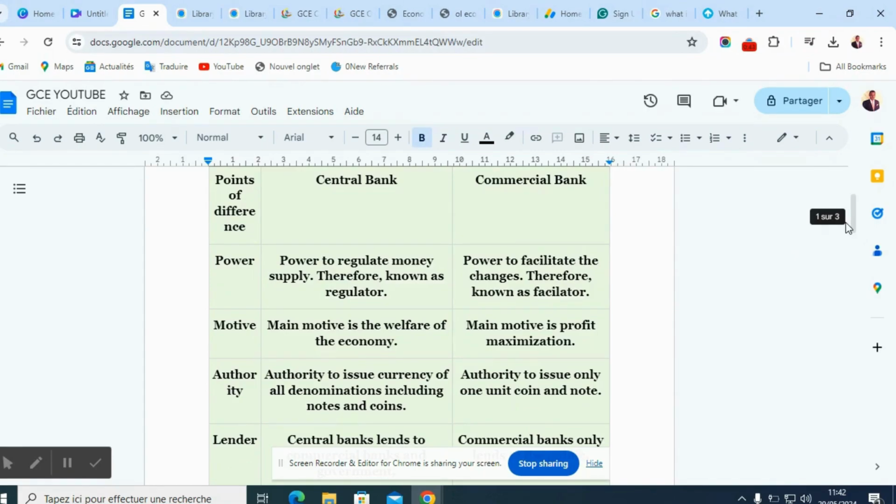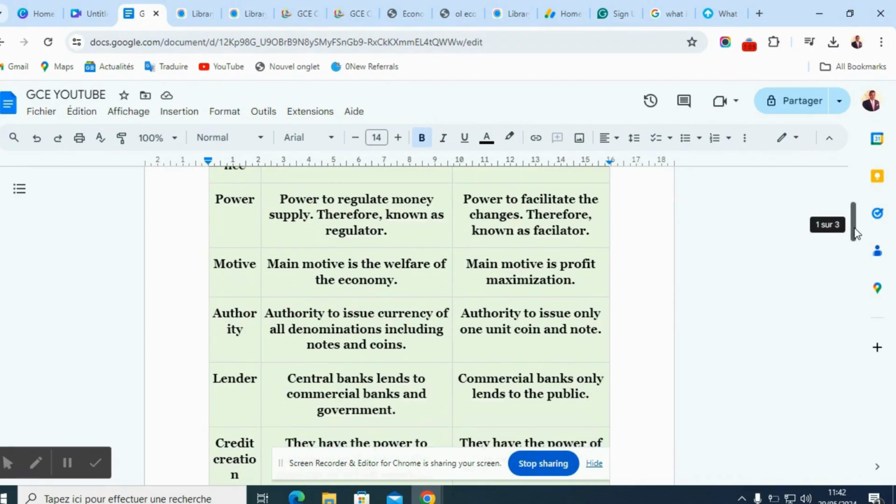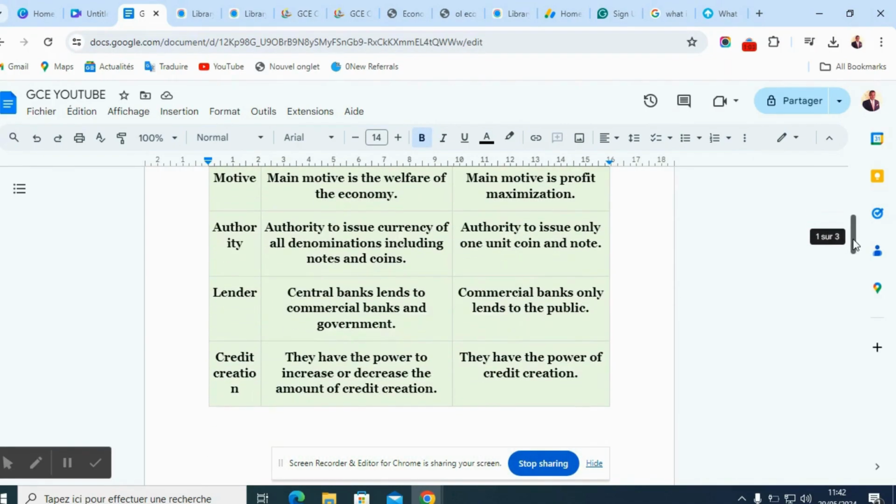Authority: the central bank issues currency of all denominations, including notes and coins, while the commercial bank has authority to issue only one unit, coin and note. Central banks lend to commercial banks and government, while commercial banks only lend to the public. So that's a difference. The central bank has the power to increase or decrease the amount of credit, while commercial banks have the power of credit creation.